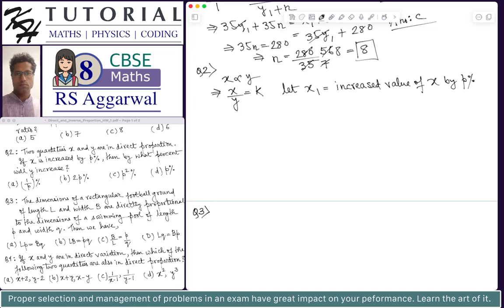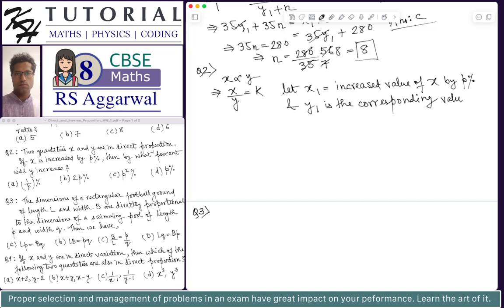When x is increased by p%, let that increased value be equal to x1, and y1 is the corresponding value.